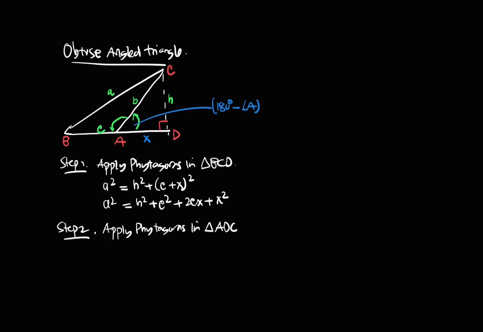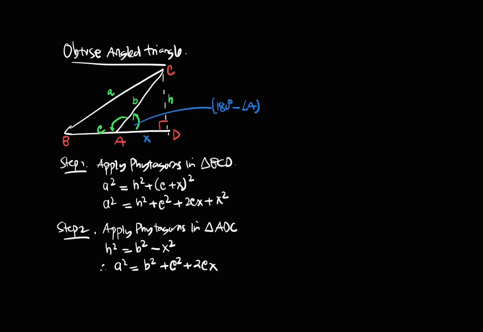Now we get h squared equals b squared minus x squared.